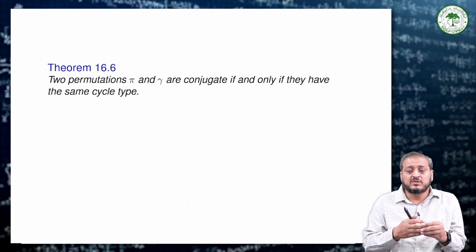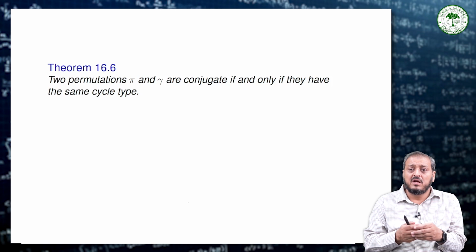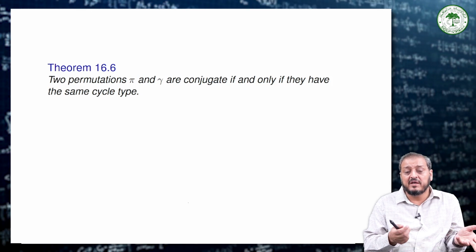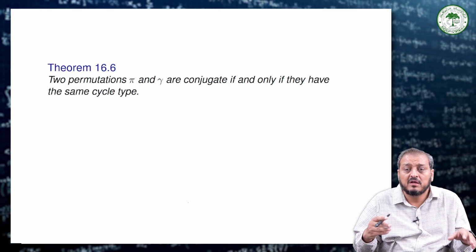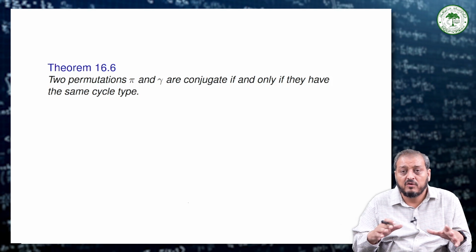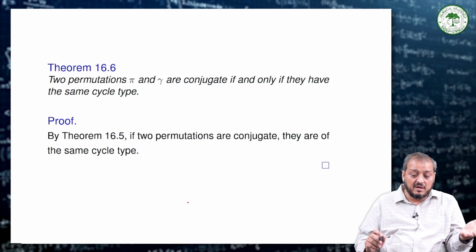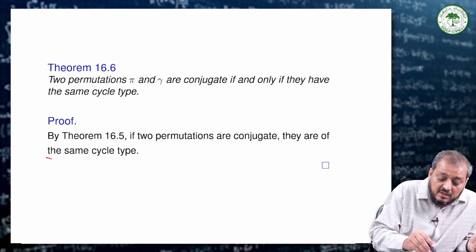The next theorem we have to prove: two permutations pi and gamma are conjugate if and only if they have the same cycle length. Proof: by the previous theorem, if two permutations are conjugate, then they have the same cycle length.